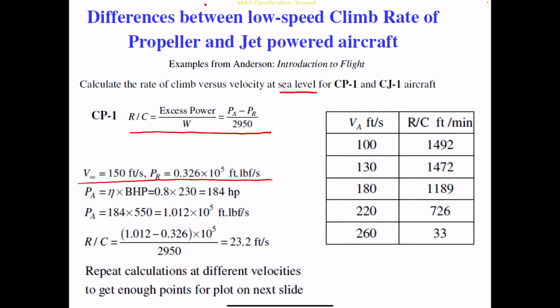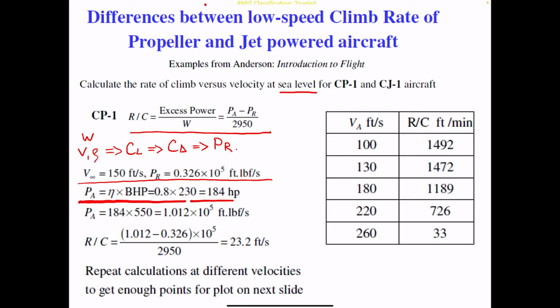So out of given velocity and density, and weight of course, we can calculate CL, then we can calculate CD, and then we calculate power required. Now we have to calculate power available.